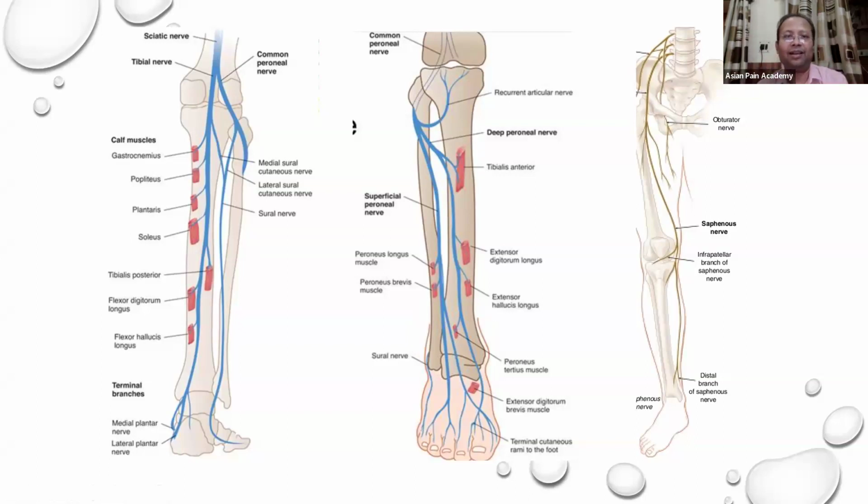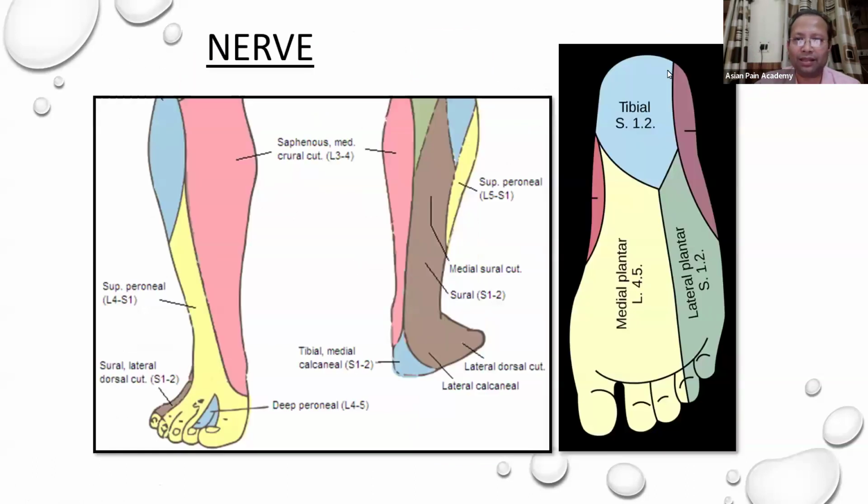For an ankle block, or doing any procedure, most of the time in plantar fasciitis, when we inject the plantar fascia, we give the injection at the posterior tibial nerve, medial side. And what will happen? If you give the injection at the posterior tibial nerve, then this whole foot area becomes numb.